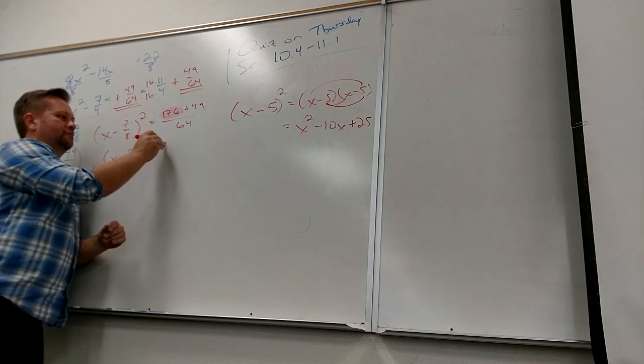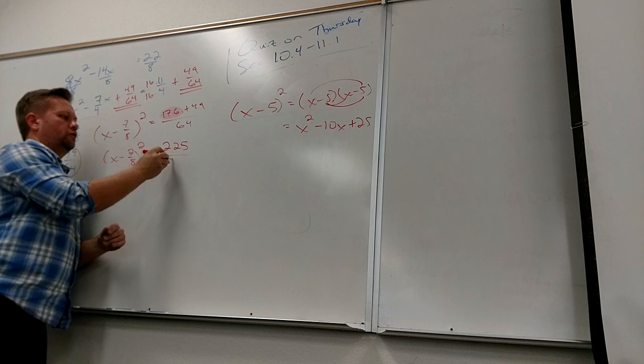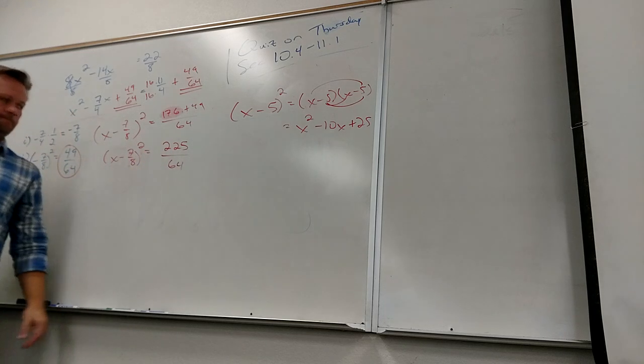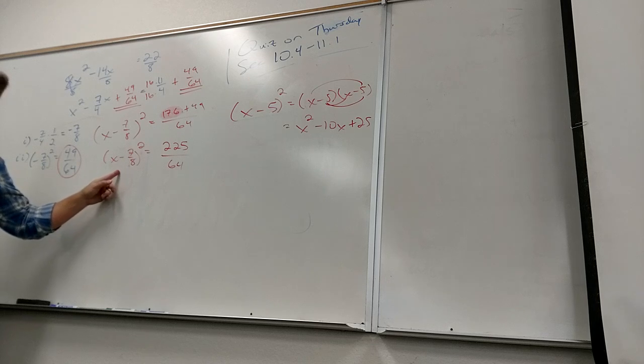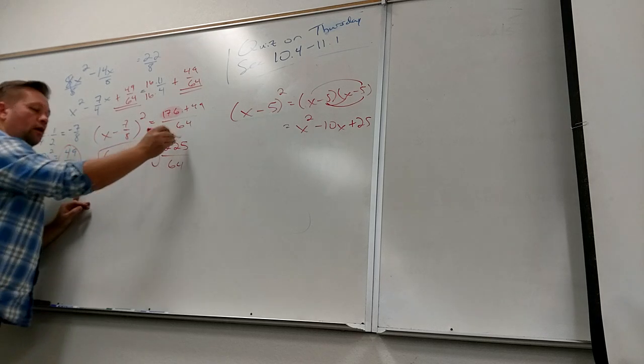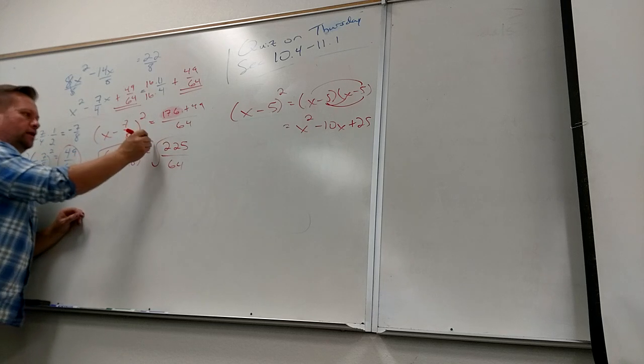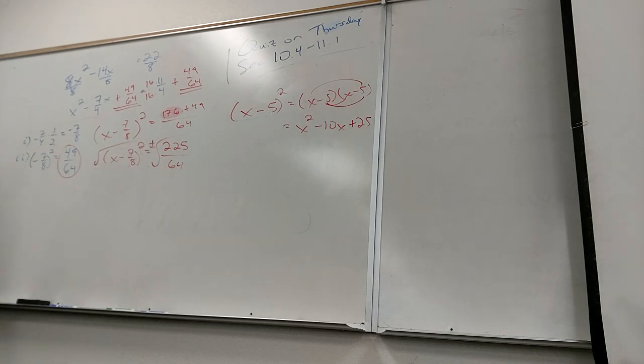I guess 225. Yeah. And then what do I do? Square root? Yes. Plus or minus? I like it. That has to become second nature. It's got to feel wrong if you forget that.